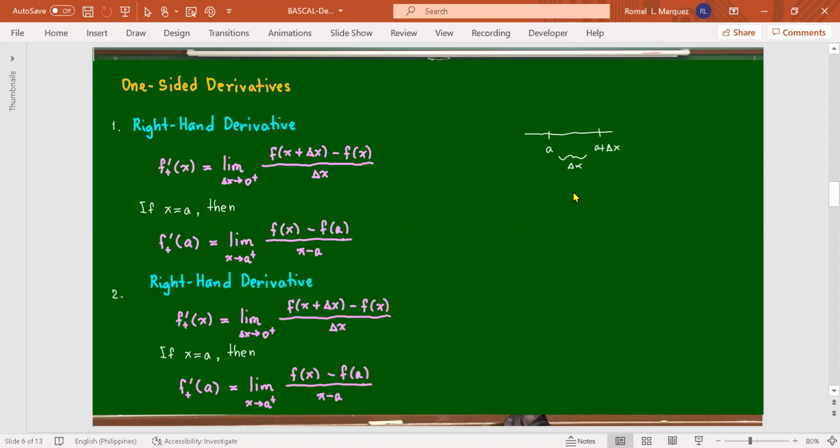Kaya a plus delta x minus a, ano ang change? Delta x. Okay? Pwede ring, you do not know. Yan yung pinaka-x. From a to you do not know. Kaya x minus a ang delta x.